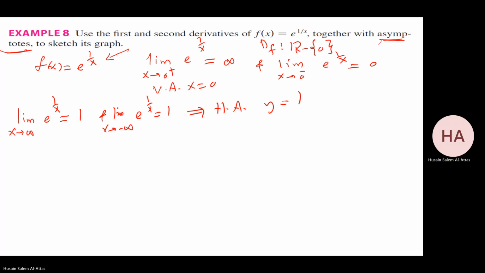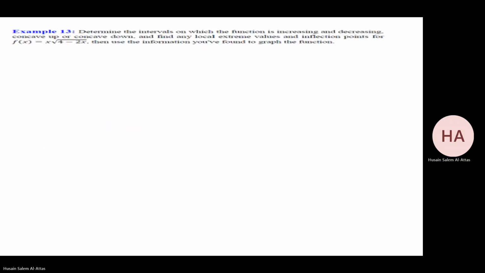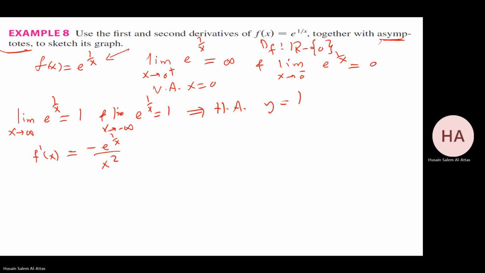Okay, now we'll do f prime. We'll check the signs. That will be minus e to the 1 over x, over x squared. That's always negative.